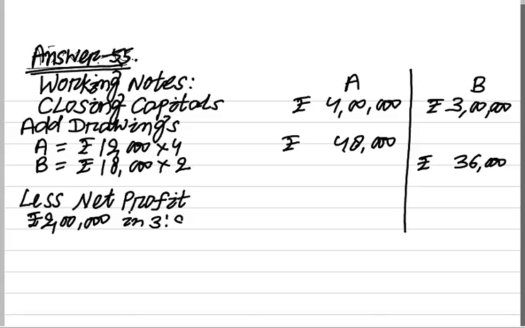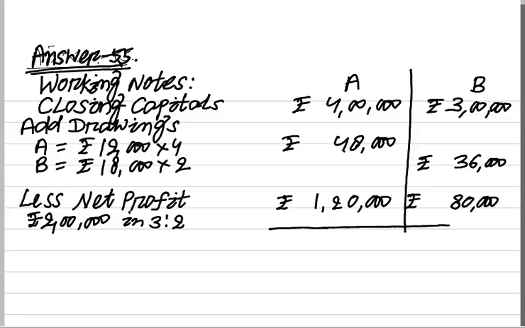They must have taken this profit in the ratio of 3:2, which is rupees 1,20,000 for Mr. A, and that of Mr. B is rupees 80,000. Now we will be getting opening capital. This is opening capital at the beginning.